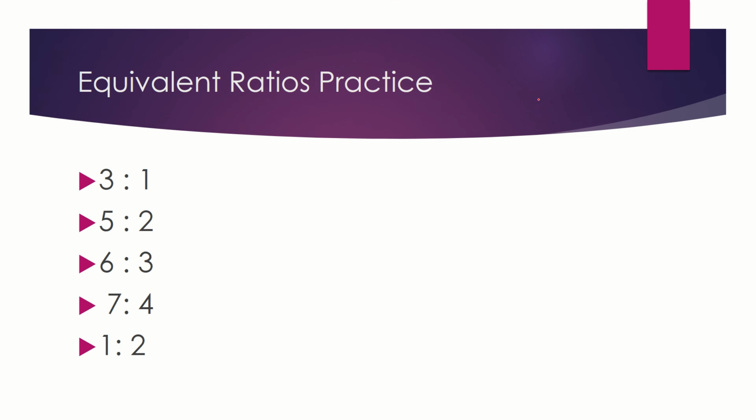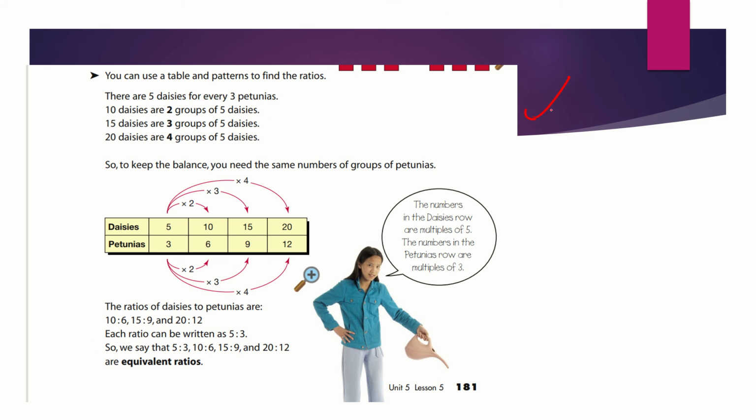Another way, probably my favorite way actually, is a data table. So you can use the table of patterns to find the ratios. If there are 5 daisies for every 3 petunias, what we can do is multiply by 5 to keep finding out the pattern. So here my pattern goes up by 5.